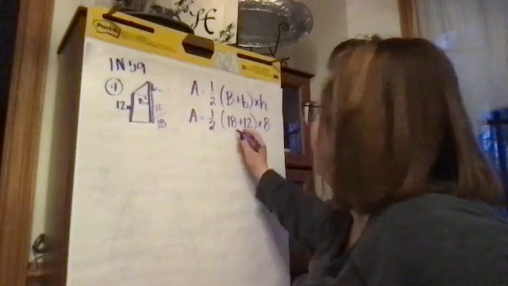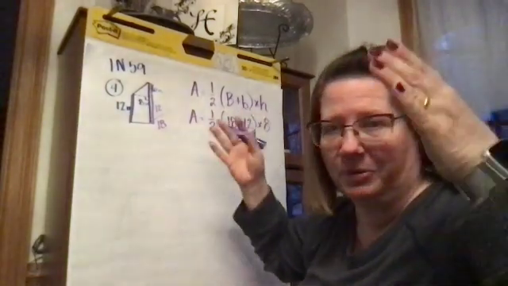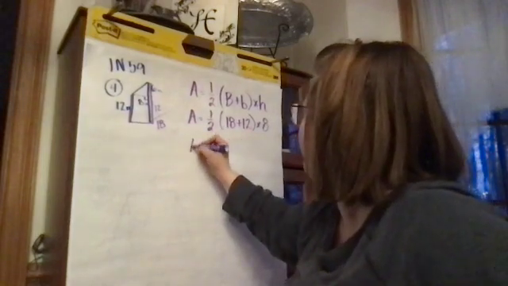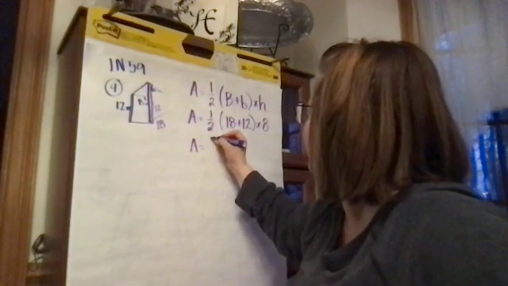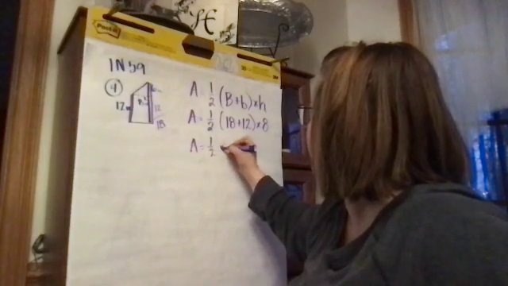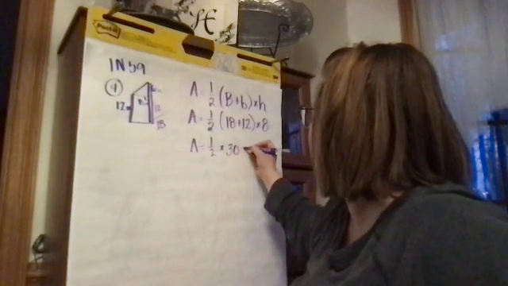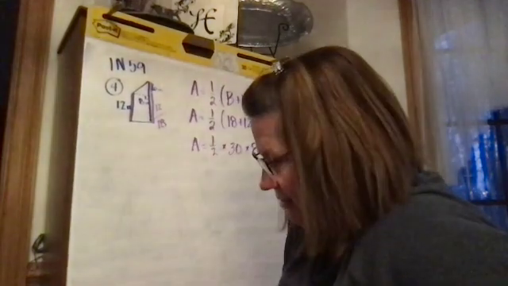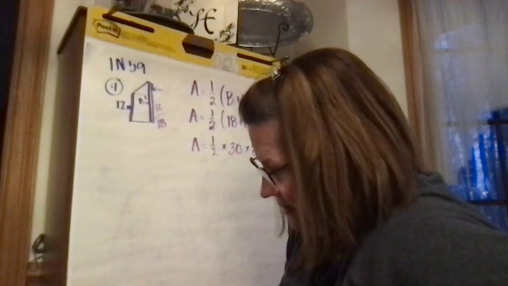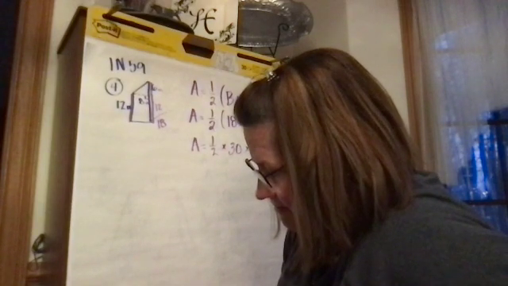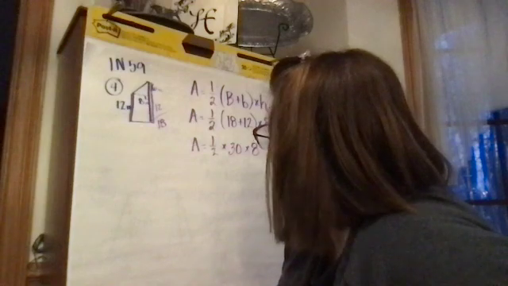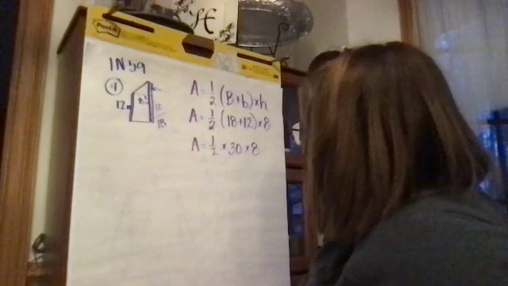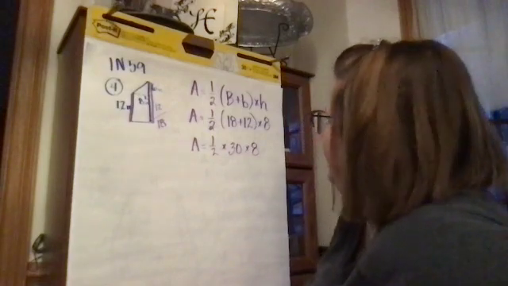All right. First thing, we're going to do that middle section that says do this part first. 18 and 12. I'm going to add that up. That, my friends, is 30. Now, if I was going to do half of, I could do half of 30 or I could do half of 8.